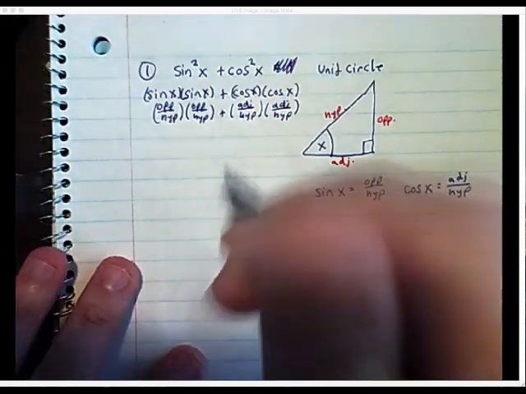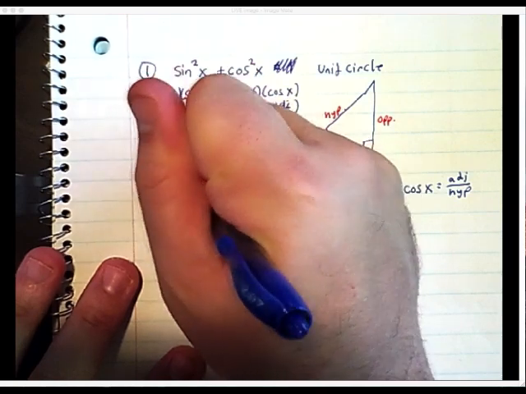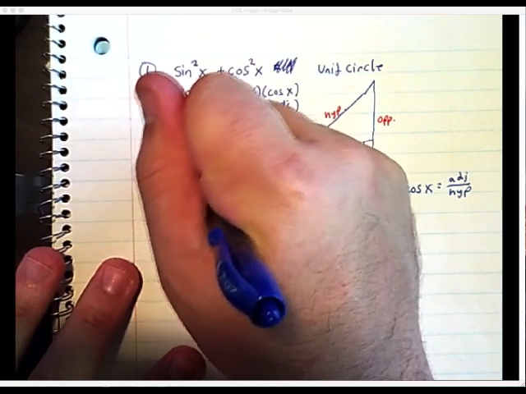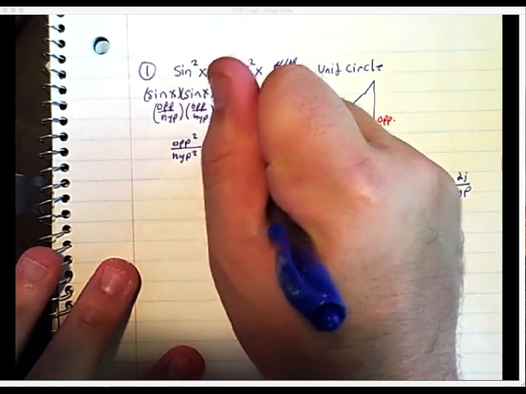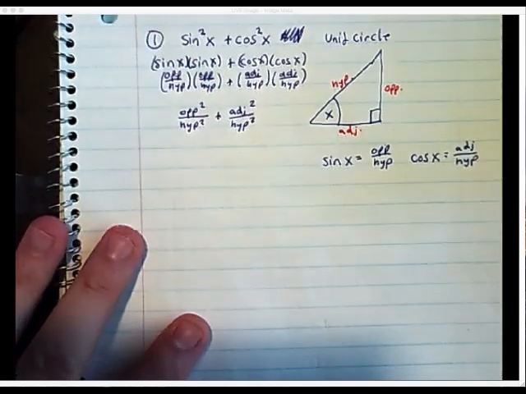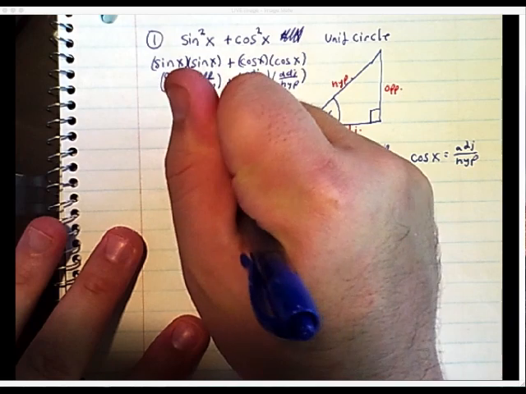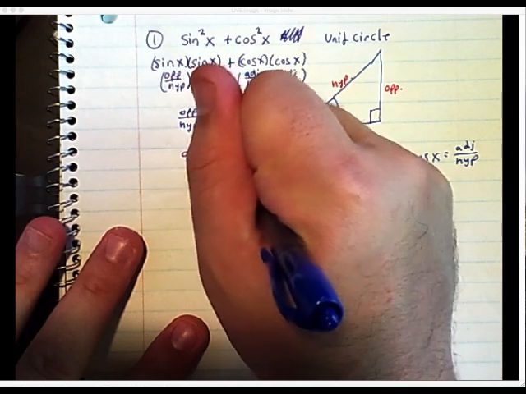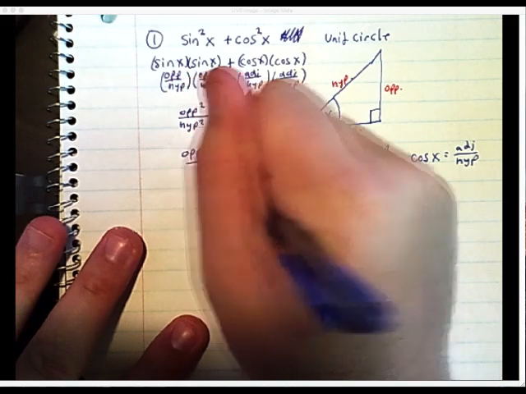So if we do a little bit of arithmetic, we would get opposite squared over hypotenuse squared plus adjacent squared over hypotenuse squared. Now there is a common denominator there. They both have hypotenuse squared. So now I can write this expression as opposite squared plus adjacent squared all over hypotenuse squared.